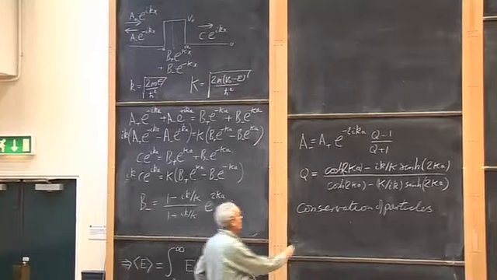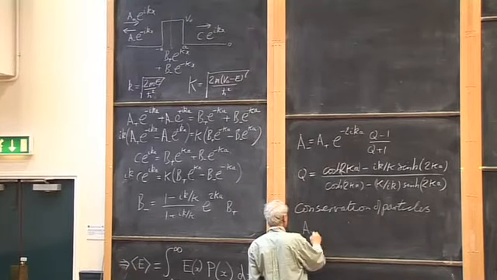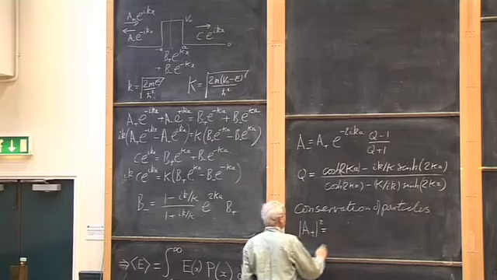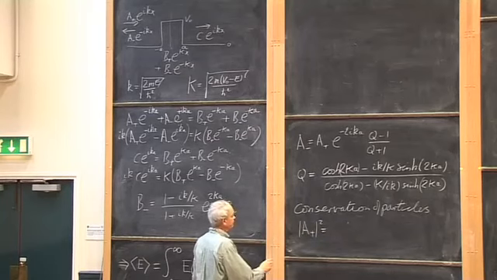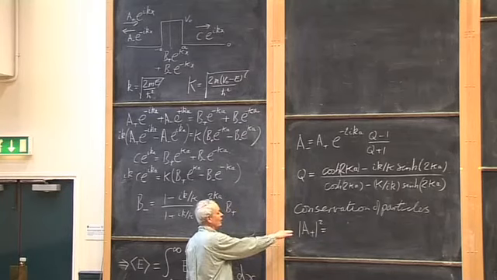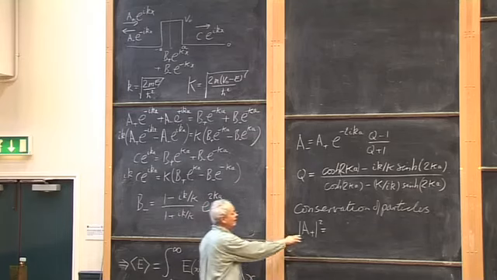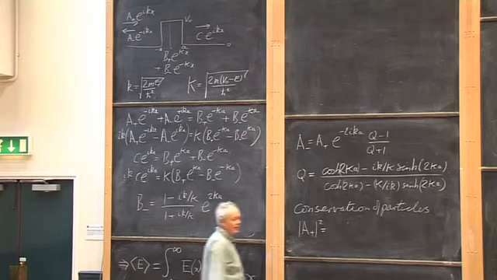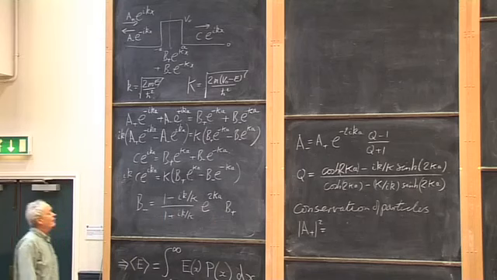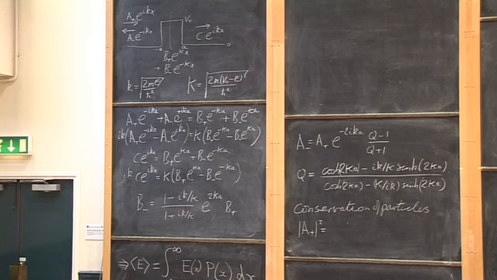So we can argue that A plus mod squared is the spatial density of incoming particles, if you like. If you multiply that by the speed of the incoming particles, which is p over m, so h bar k over m, you will get the flux of incoming particles.